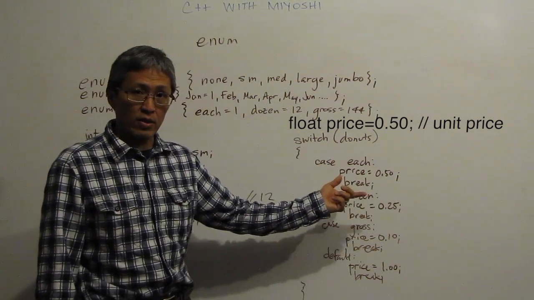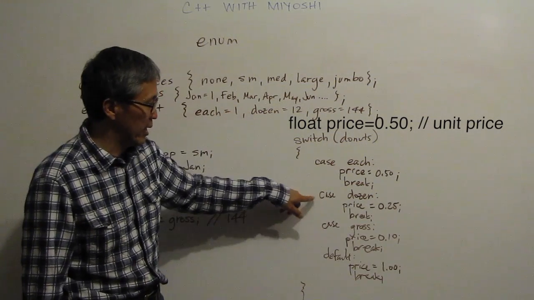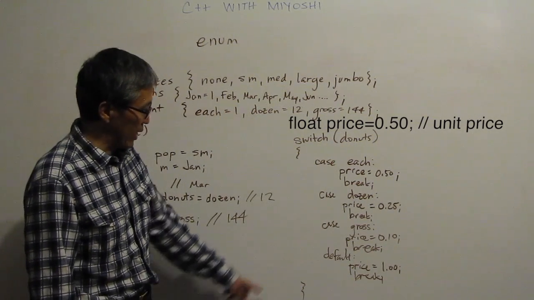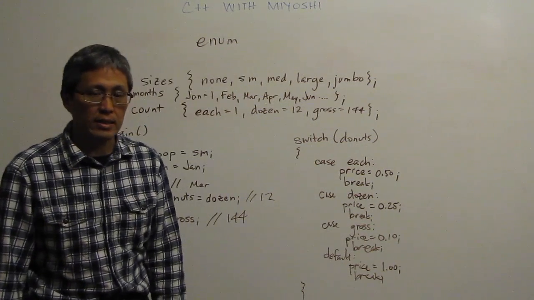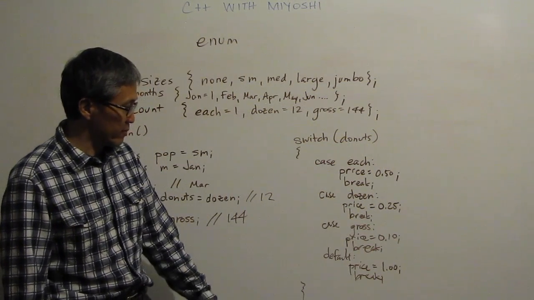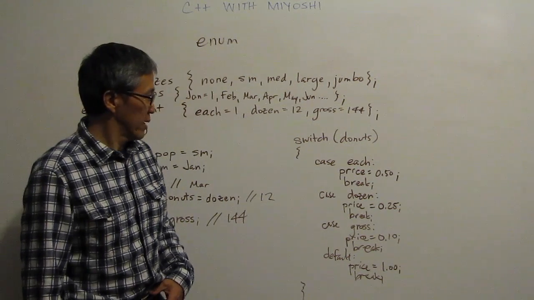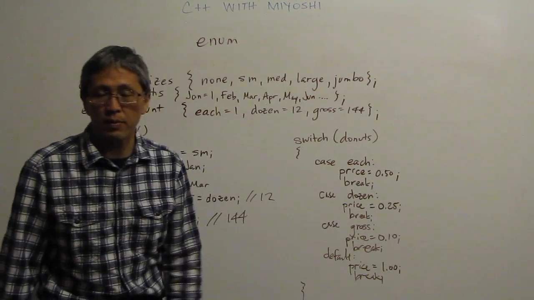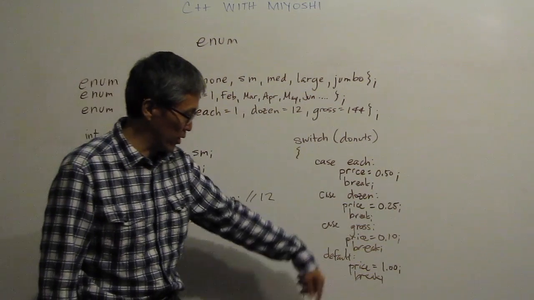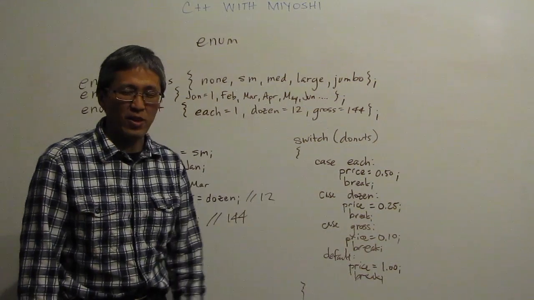If I'm going to buy a dozen donuts, maybe they're going to be 25 cents each. I'll give you a little price break on volume buying. And then we have case gross, where I'm going to give you each for only 10 cents. And by default, I don't know why the default would be 1 if the price for each is 50 cents, but hey, that's just the way I coded it a little bit ago when I wrote it down here on the whiteboard.